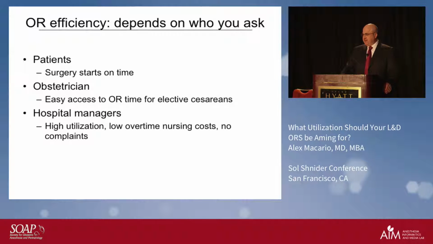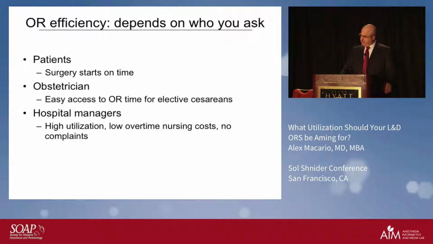On the other hand, the obstetrician may think that an efficient labor and delivery suite is one that will accept their patient quickly on short notice and take great care of the patient. A hospital manager might focus on high utilization. They really want to minimize overtime costs, and they want to minimize complaints from the physicians and nurses and patients.